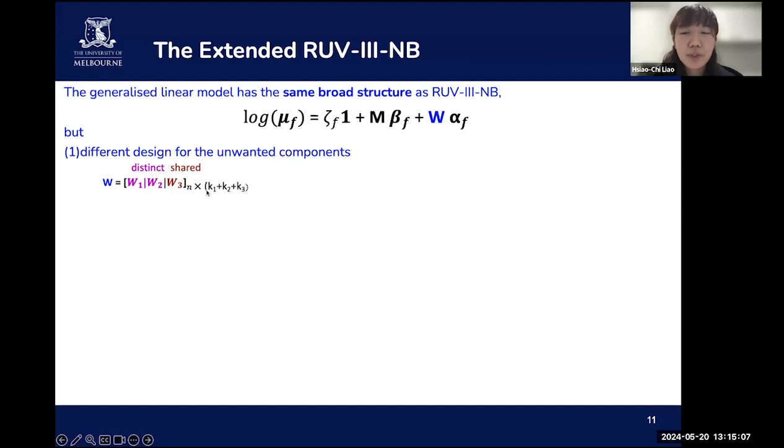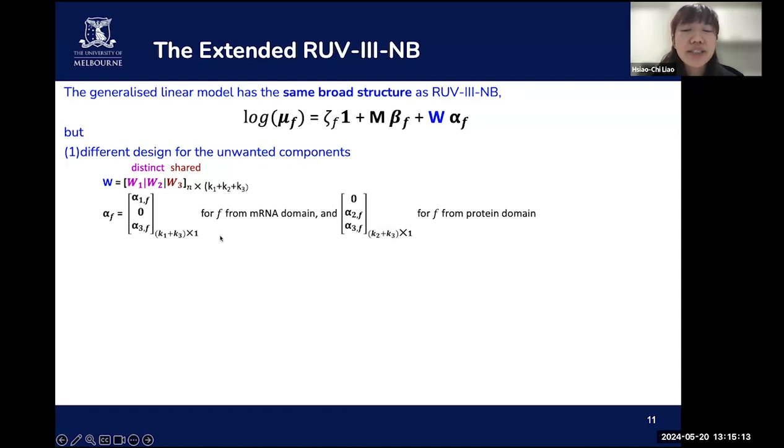And W3 represents the shared unwanted vectors. And the structure of the corresponding effect size alpha depends on the type of the feature. For an RNA feature, it won't have the unwanted effect from the protein domain, so we have a 0 in the middle. And the same logic applies for the protein features.